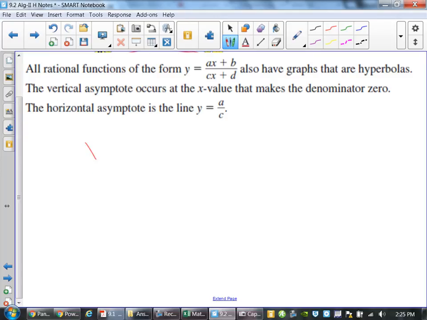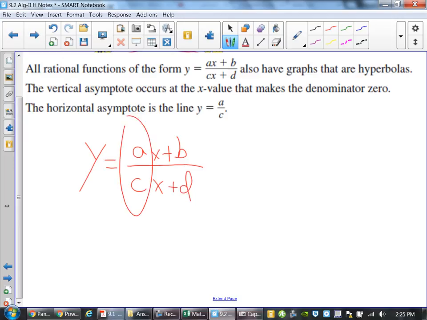Since the degree here for both the top and the bottom are the same, you have a horizontal asymptote at the leading term's coefficients. Your horizontal asymptote will be at y equals a over c. Leading term coefficient. And I'll walk you through an example here in a second.